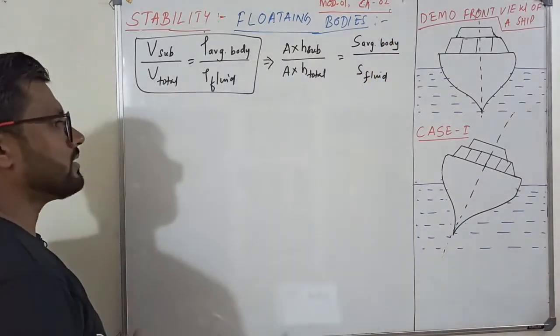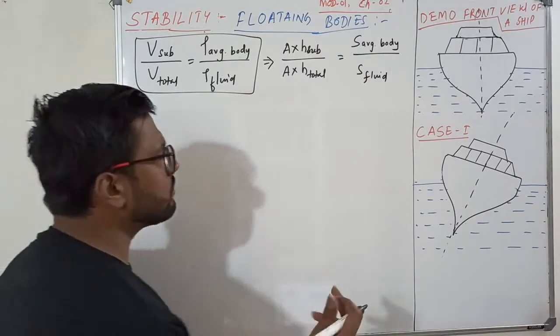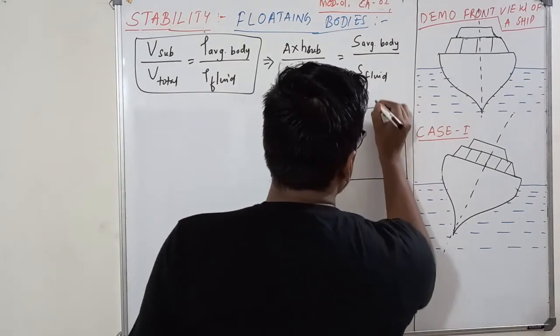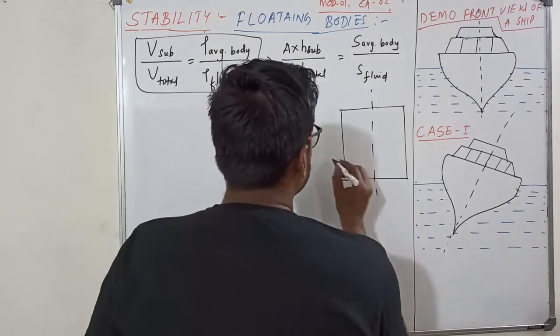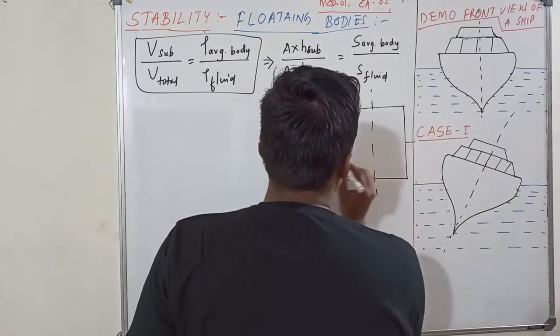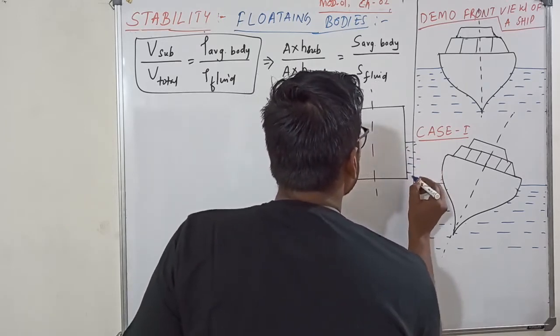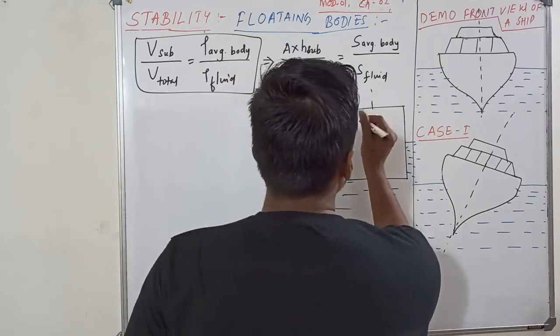Sir, okay, last class you have told about this. Can you draw a diagram here? Of course. See, let us say I have taken a body which is in static equilibrium. I have taken this cross section and this body is floating in water. Let us say any fluid it is floating like this. Now the height of the body is h.